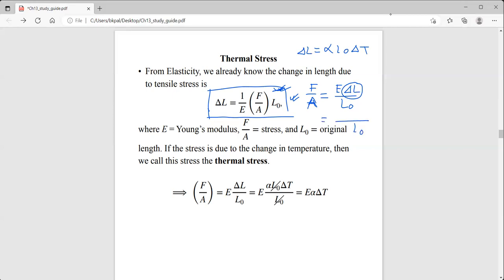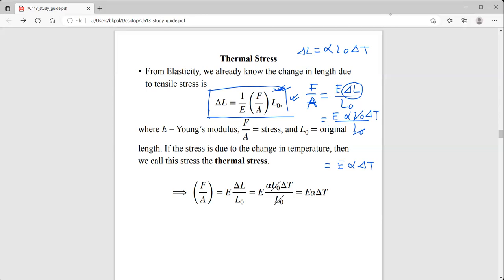So we have E alpha L0 delta T over L0, and L0 cancels out, leaving E alpha delta T. E is the elastic modulus, alpha is the linear expansion coefficient, and delta T is the change in temperature. This is the expression for the thermal stress.